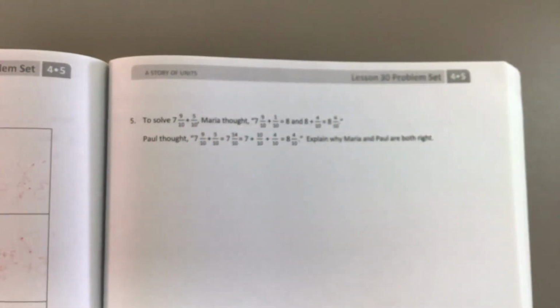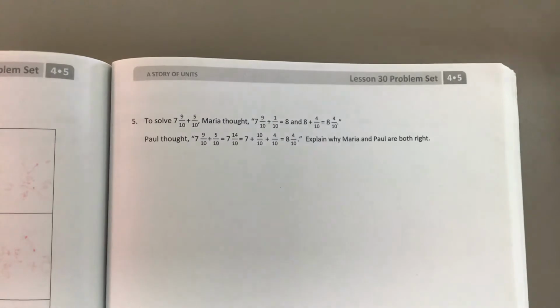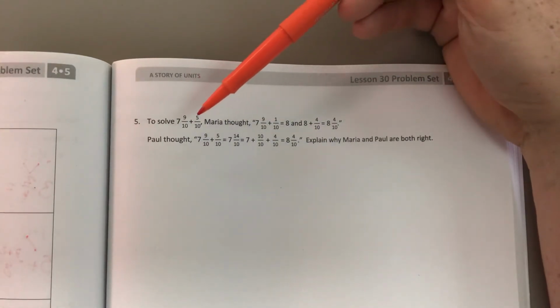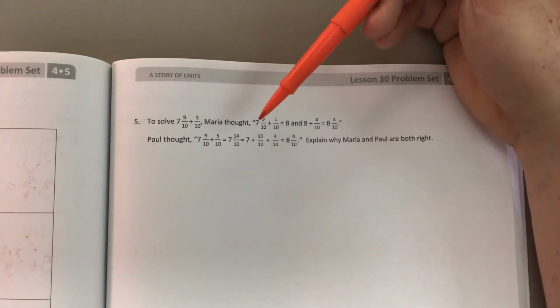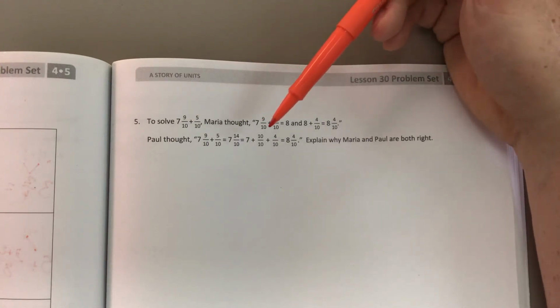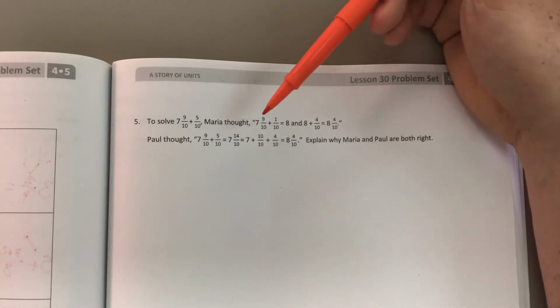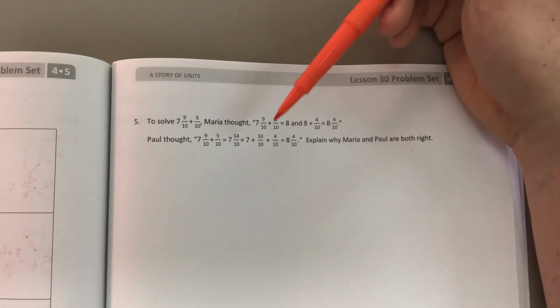And our last problem, and I think this is an interesting one, what we have here is 2 different ways to look at this. So we have the problem, it's 7/9 plus 5/10. And Maria says, okay, 7/9 plus one more tenth will get us to a total of 8, because 9 plus 1 is 10/10. 1 whole plus 7 equals 8.